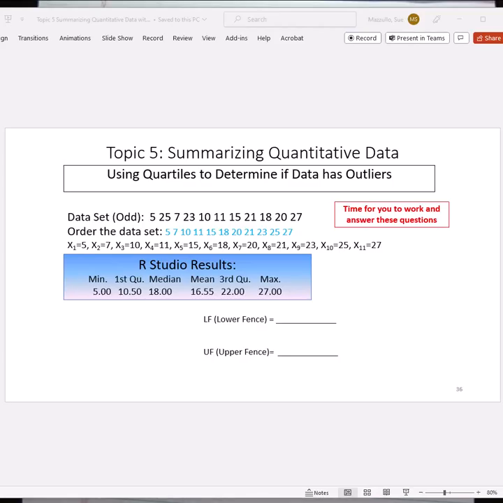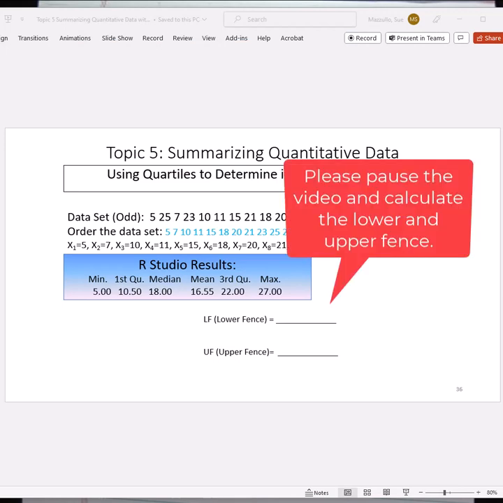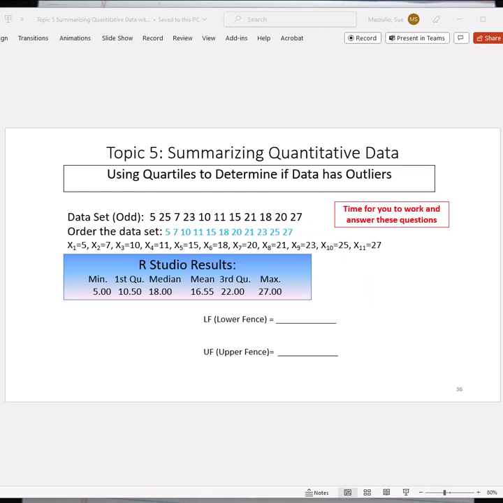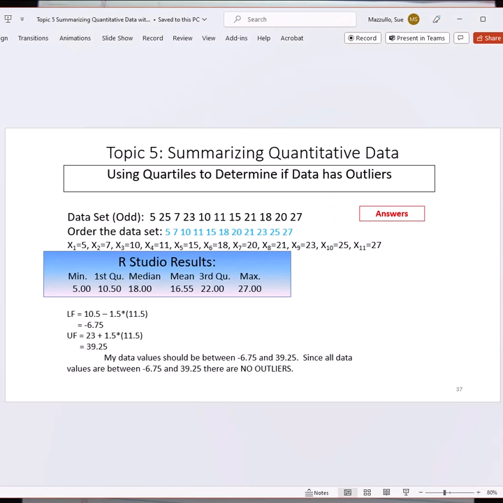So once again, it's time for you to work. Given this RStudio output, calculate the lower and the upper fence. And when you do that, you got that the lower fence was negative 6.75 and the upper fence was 37.27. Now we know our minimum data value is 5.